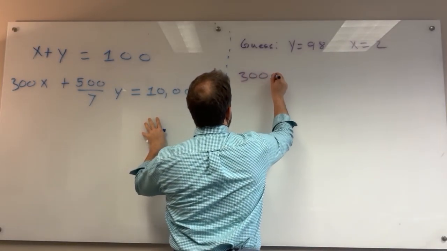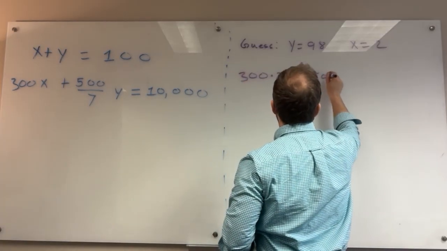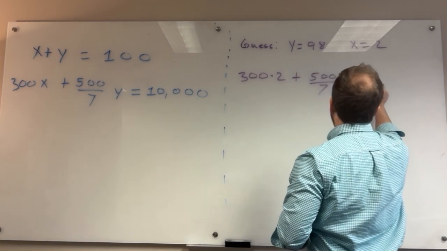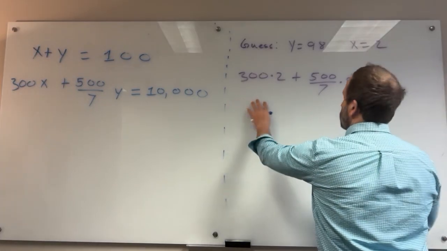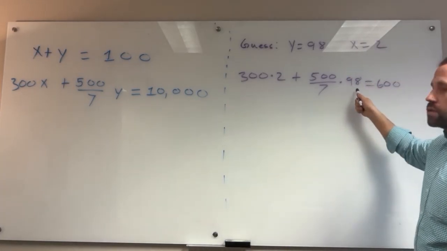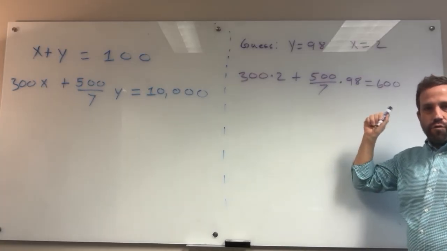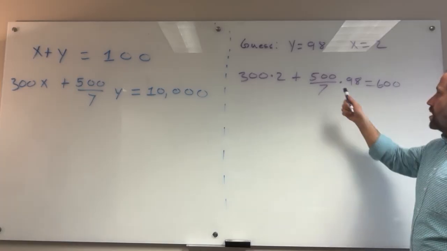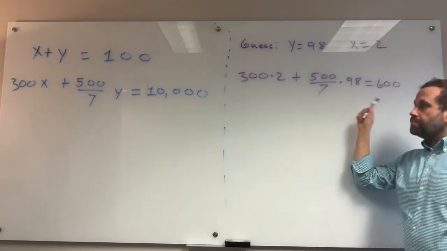We're going to get 300 times 2 plus 500 divided by 7 times 98. Okay, so let's see what this is going to be. 300 times 2 is 600. Now I chose 98 because half of 98 is 49, and 49 is 7 times 7. So 98 is equal to 7 times 14. So this ends up being 500 times 14.